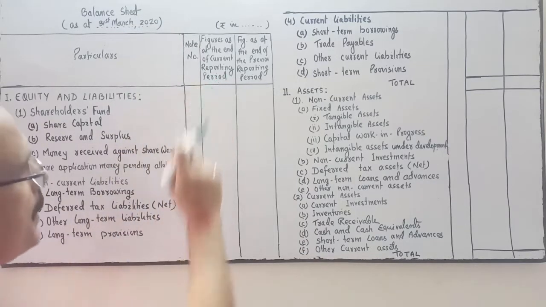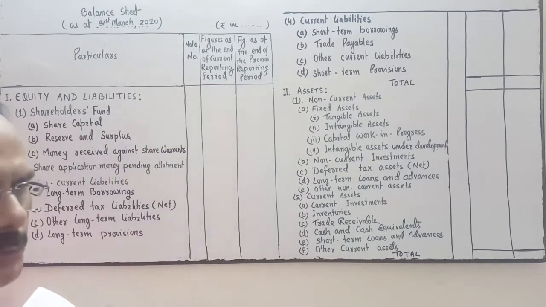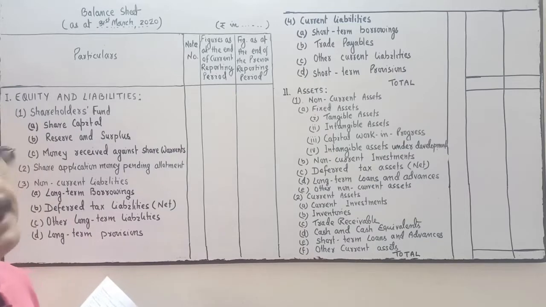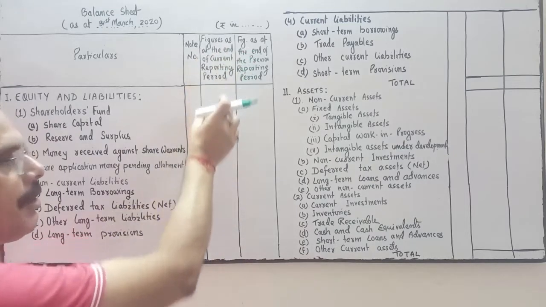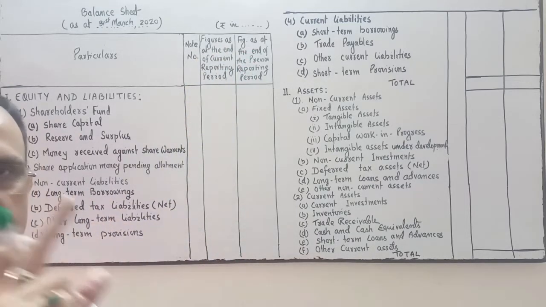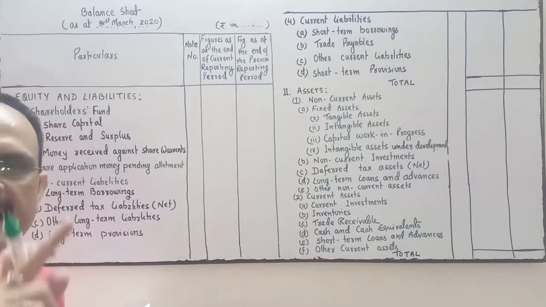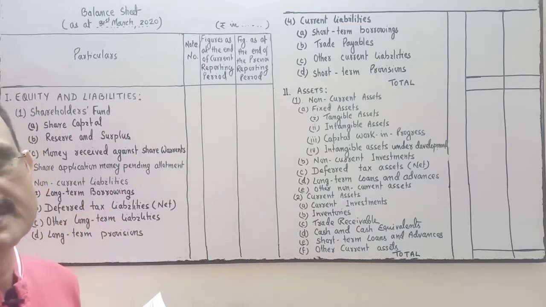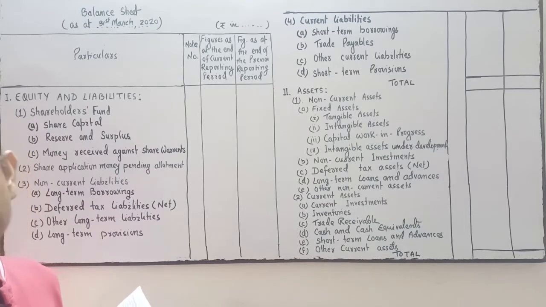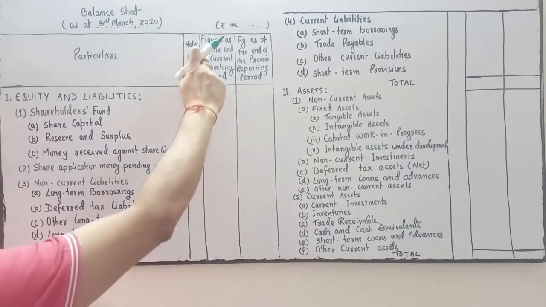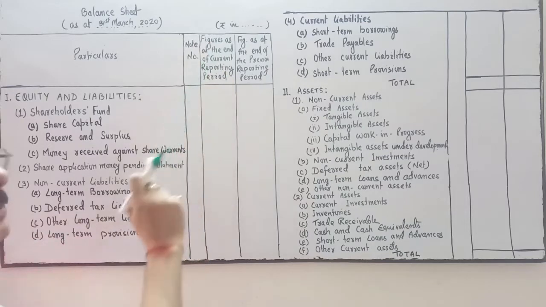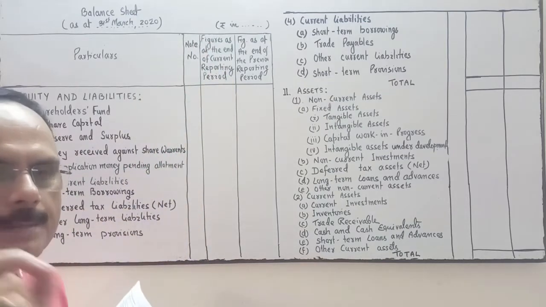So the current reporting period will be 2019-20. Here we will write the figure of 2019-20, and the previous year will be 2018-19. So this is the figure as at the end of the current reporting period.